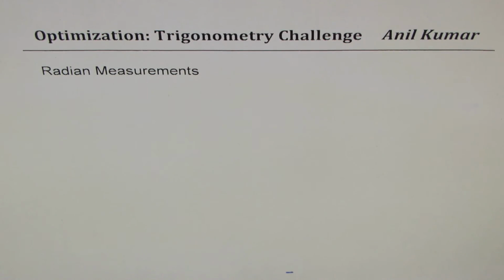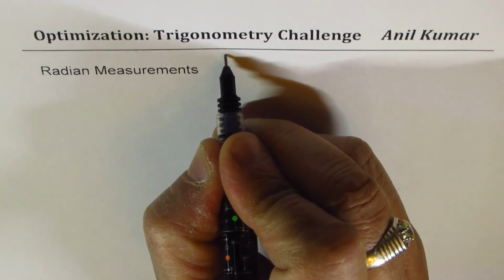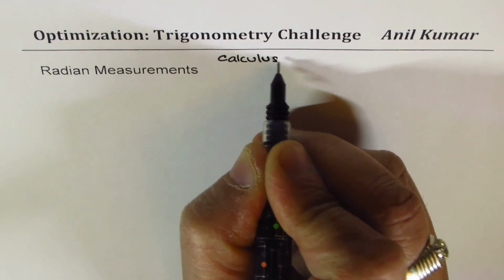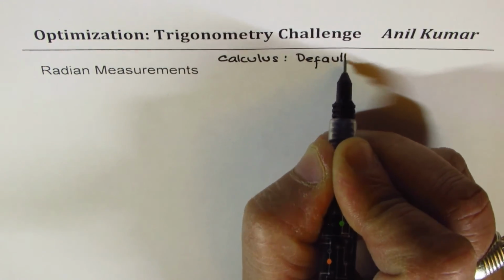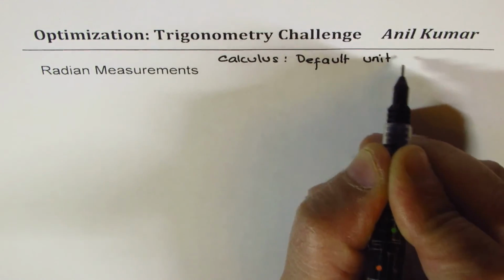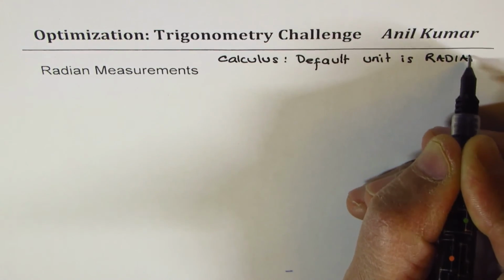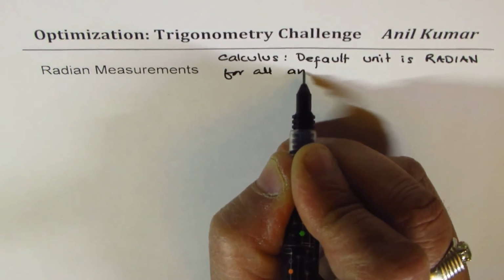Now let's talk about radian measurements. When you are using calculus, the default unit is radian for all angle measurements.